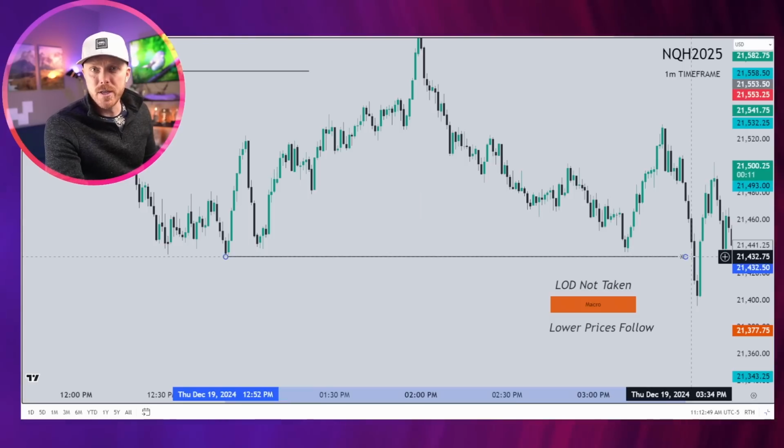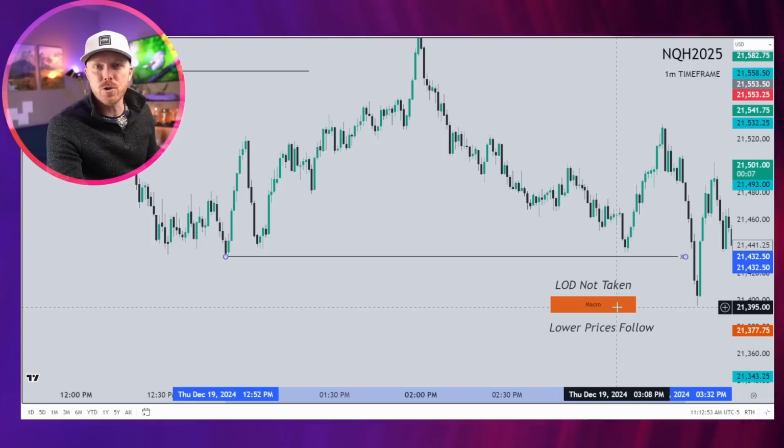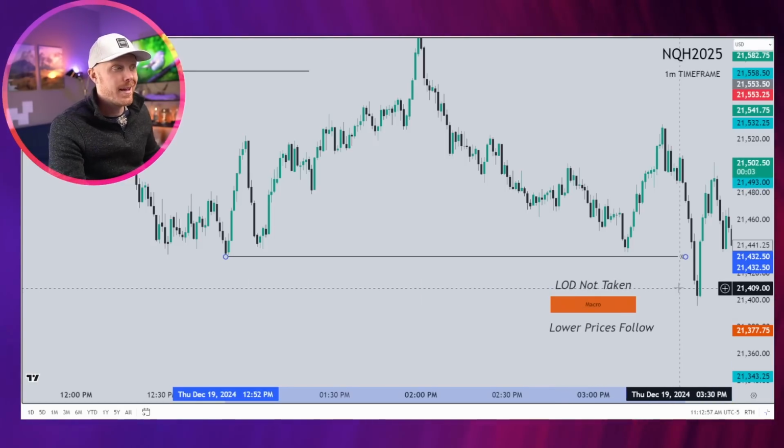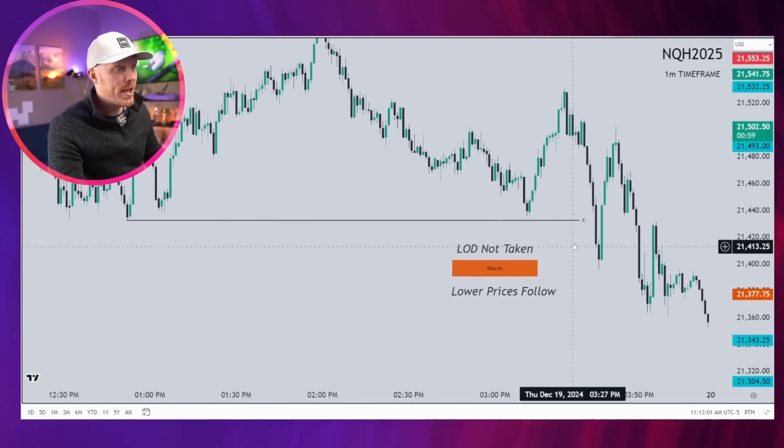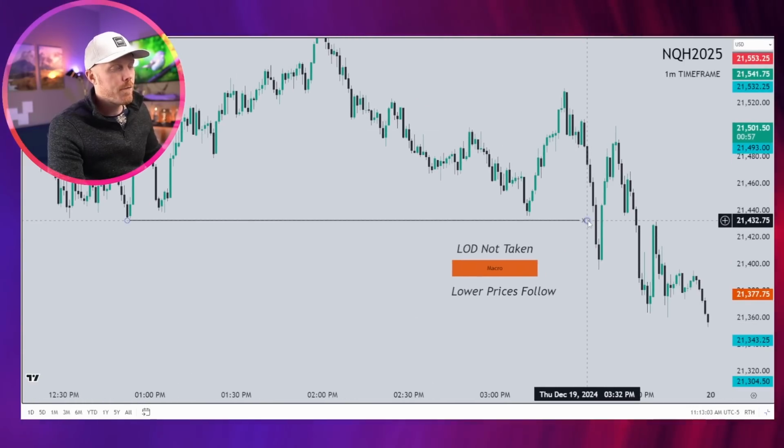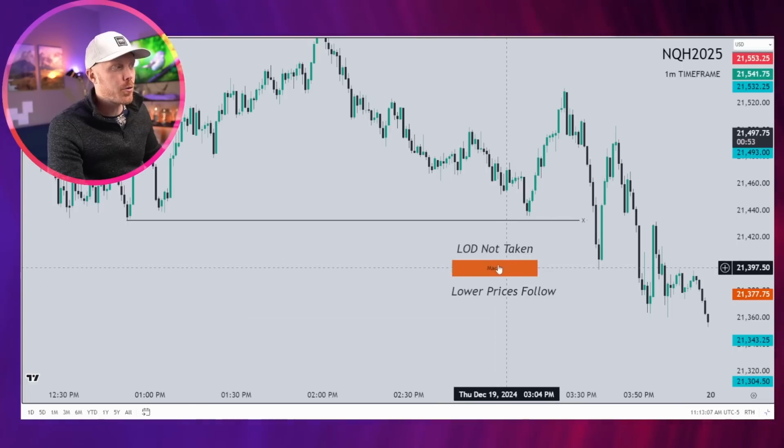So my thought was, well, if we create another low of day after this 3 p.m. macro, does it mean we may see lower prices? And the fact is, I think it is. I think that's the case. Look how we run lower further after we create this low of day after the 3 p.m. macro.